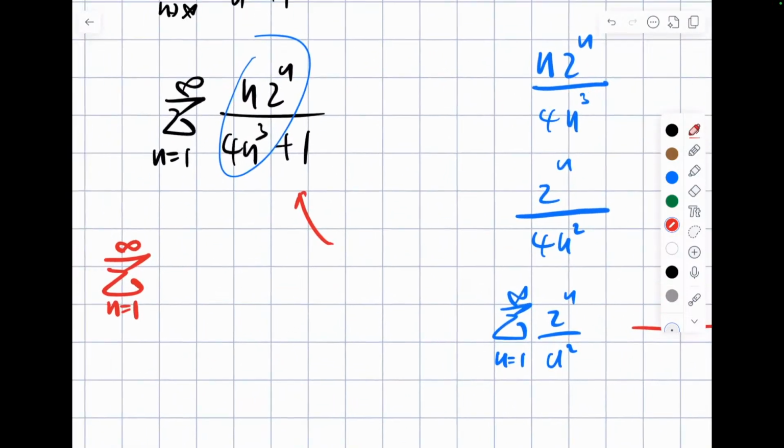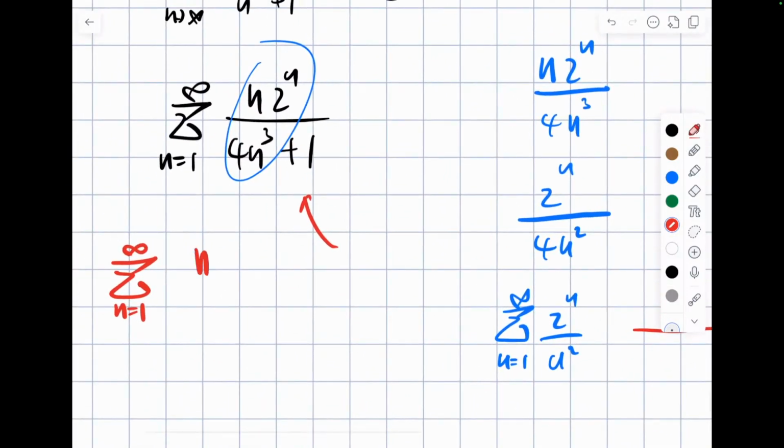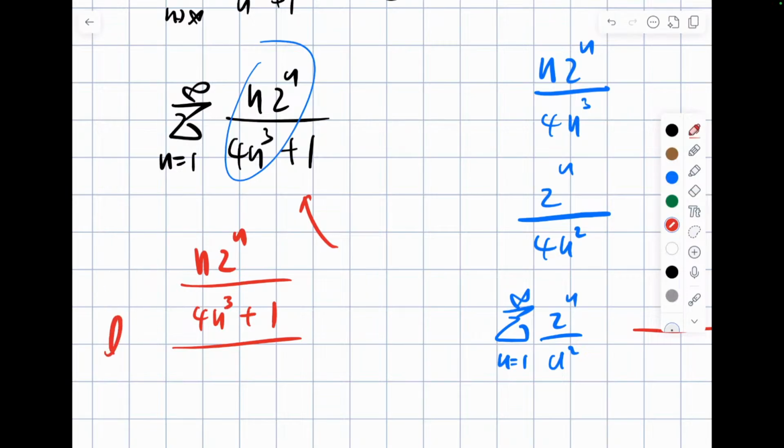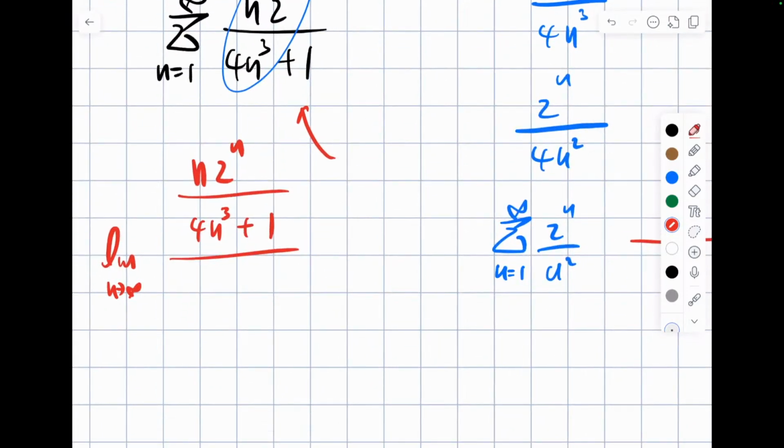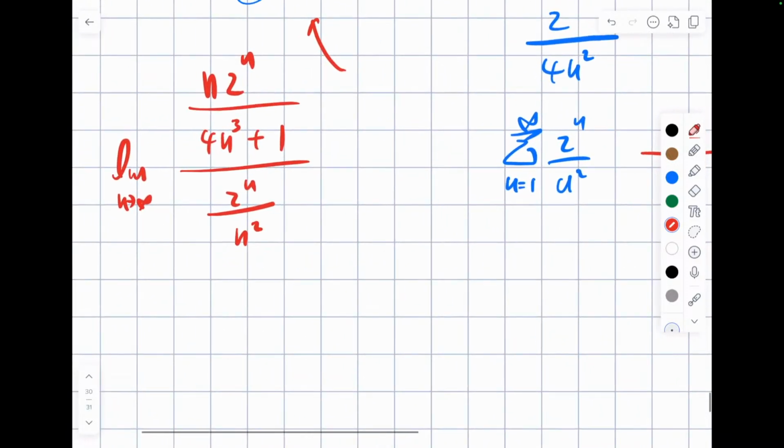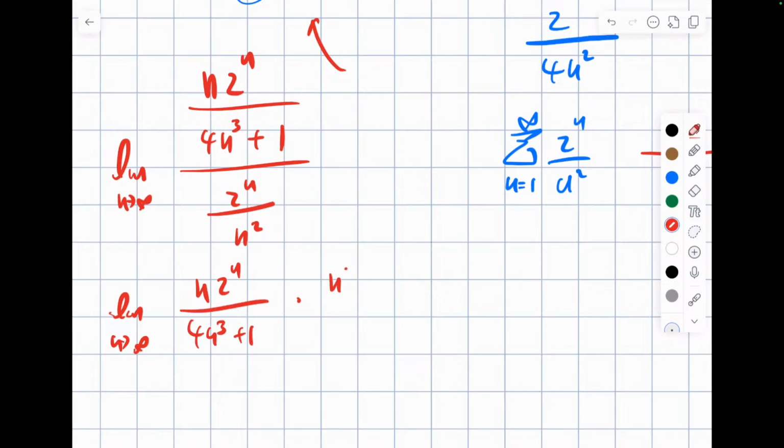Okay, so now what we're gonna do is take this, 1 over 4, and divide it by, sorry, we're not using a summation. We're gonna say limit as n approaches infinity, and that's gonna be 2 to the n over n squared. If you do that, it's limit as n approaches infinity of 2 to the n over 4n cubed plus 1 times n squared over 2 to the n.